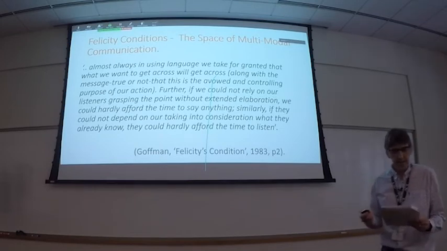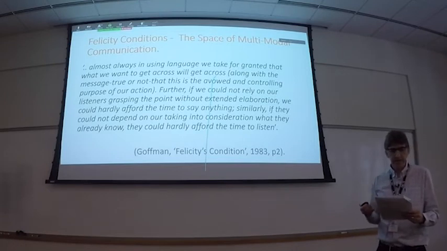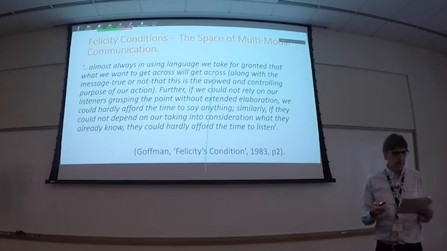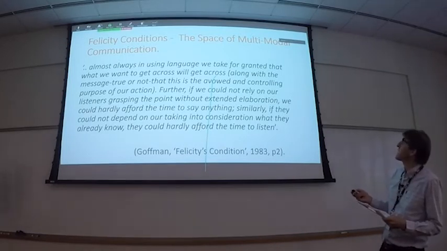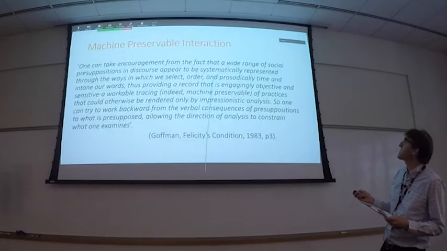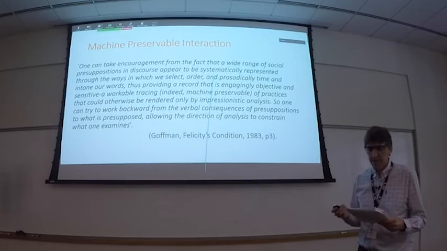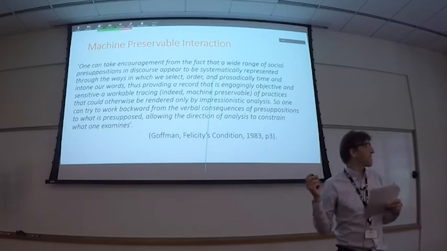The key thing here is that the participants in a face-to-face social interaction have a shared understanding of what's going on, and that context is produced through that interaction, through talk, through gesture, and so on. The second point from the felicity conditions paper is equally important, and I feel this is the crux of the argument in terms of how this links up with microanalysis.